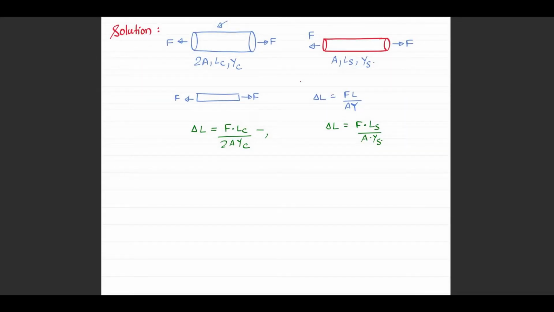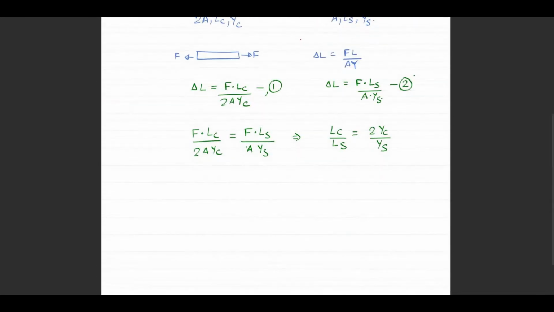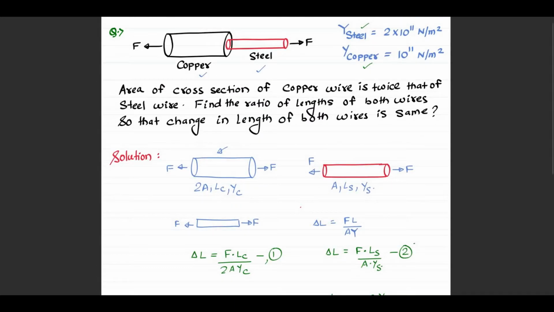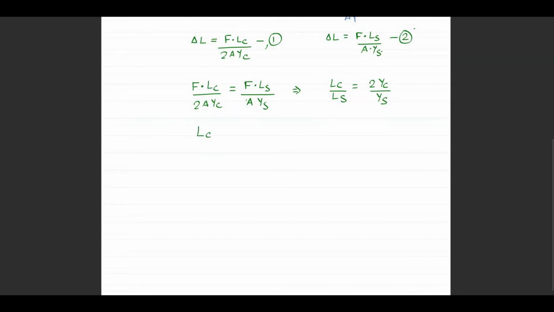Since these two equations 1 and 2 have the same LHS, their RHS will also be the same. LC by LS then will be, you can see the values of Y copper and Y steel are given. Their ratio is half, correct? Their ratio is half.